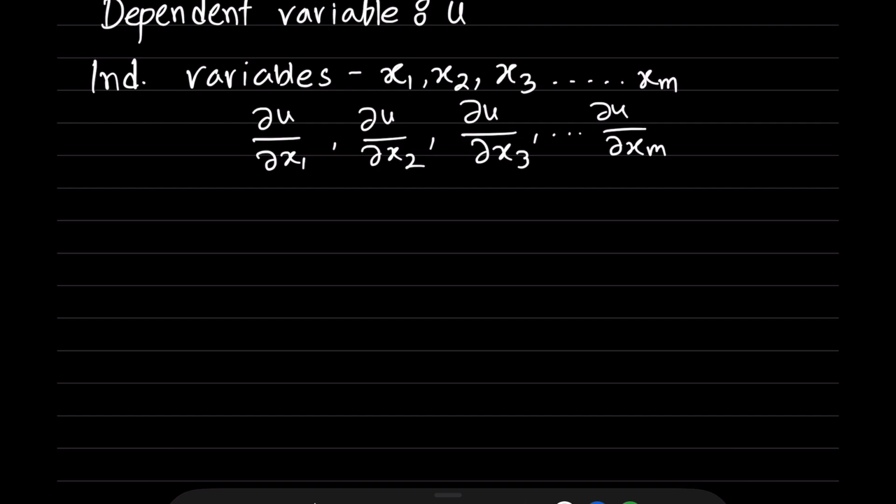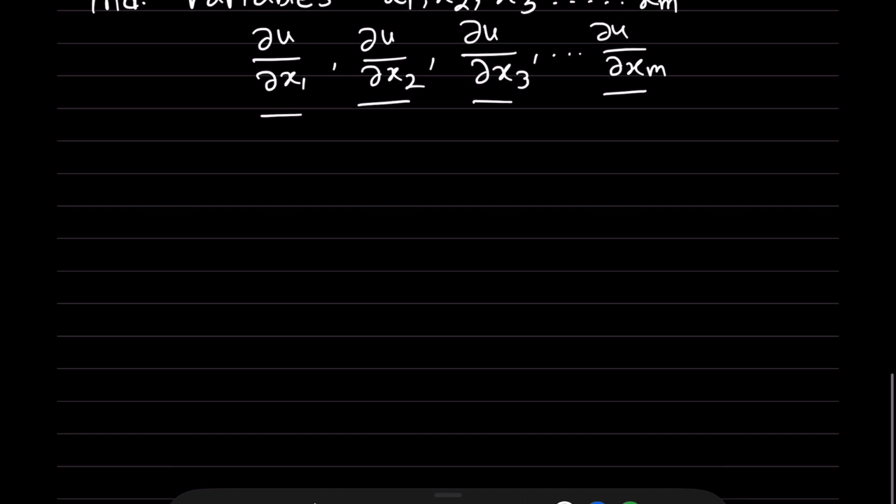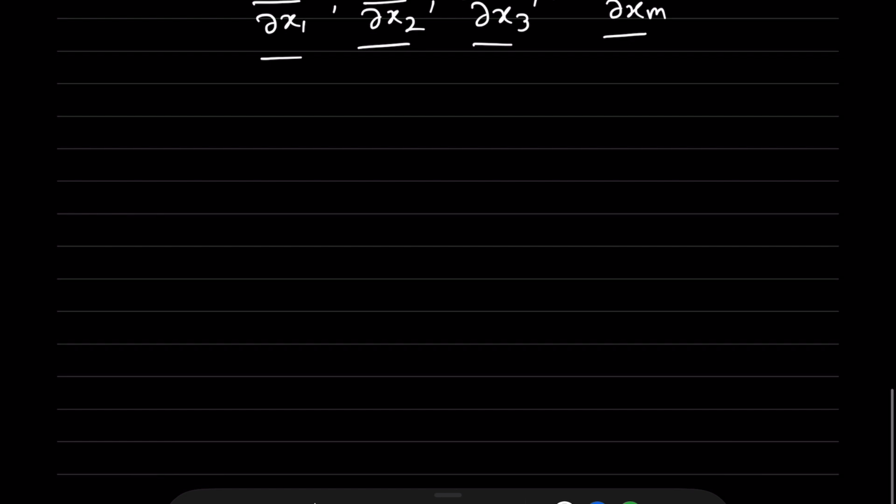Okay, so once an equation involves these derivatives and these dependent and independent variables, then you get to call that a PDE. Now, PDE is the most important type of differential equation that an engineer can encounter, because there are so many types of PDE that are used on a day-to-day basis in different parts of engineering.